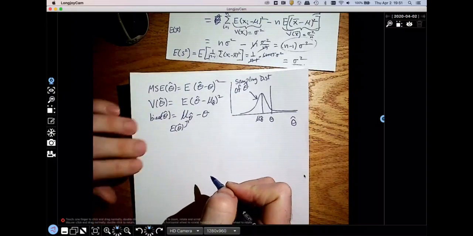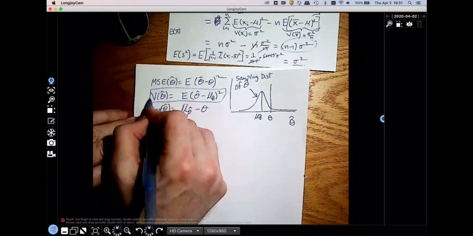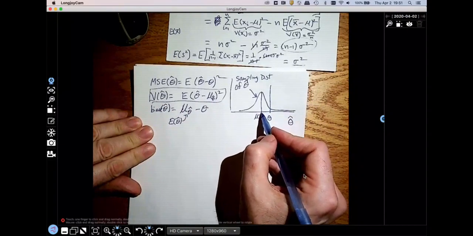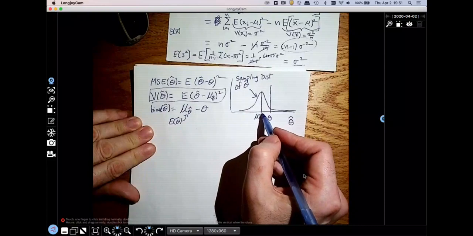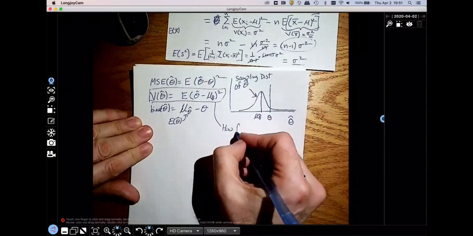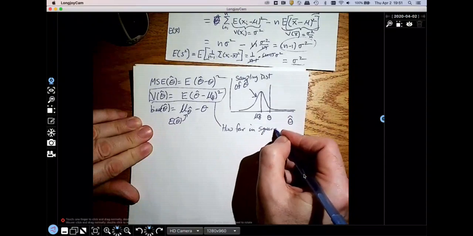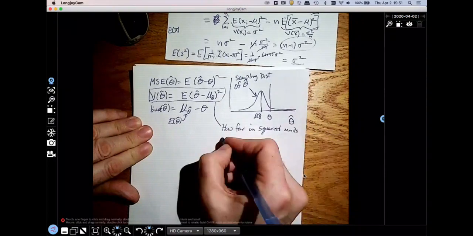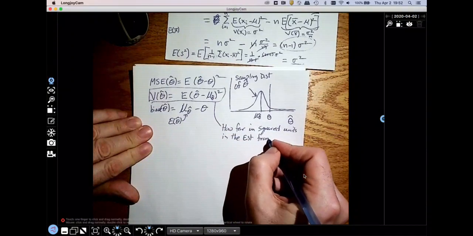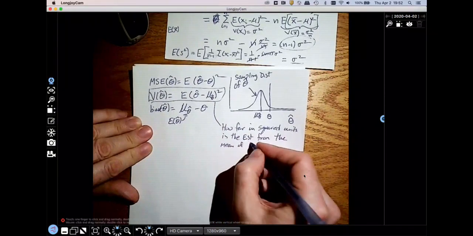So what the variance is saying is, how far do you think your estimators are from the center of the sampling distribution? This is how far, in squared units, the estimator is from the mean of the sampling distribution.